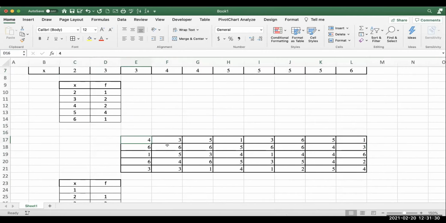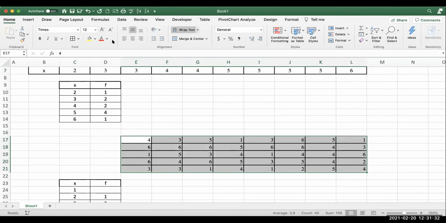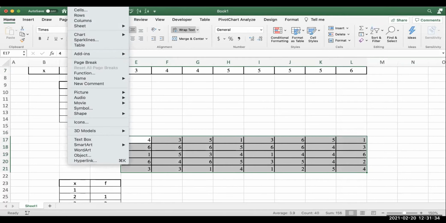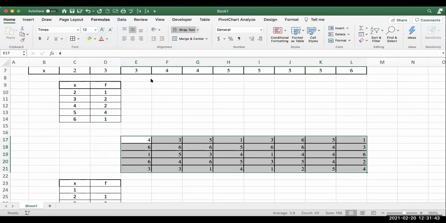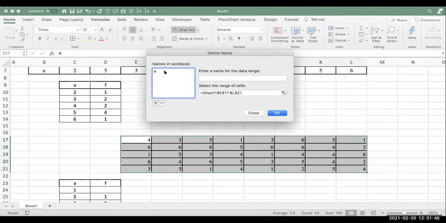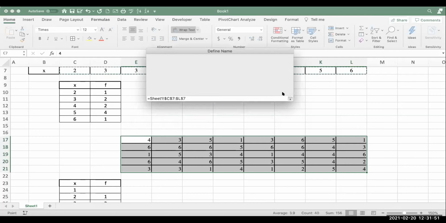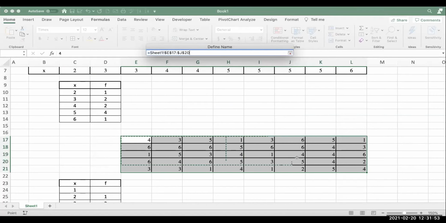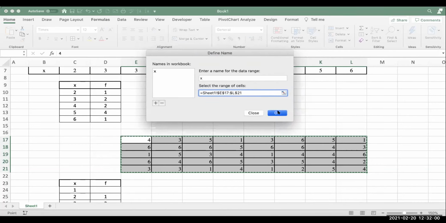Oops. Let's redefine. Let's go up to function name. There it is. So let me define this X by something different, by this. Okay.